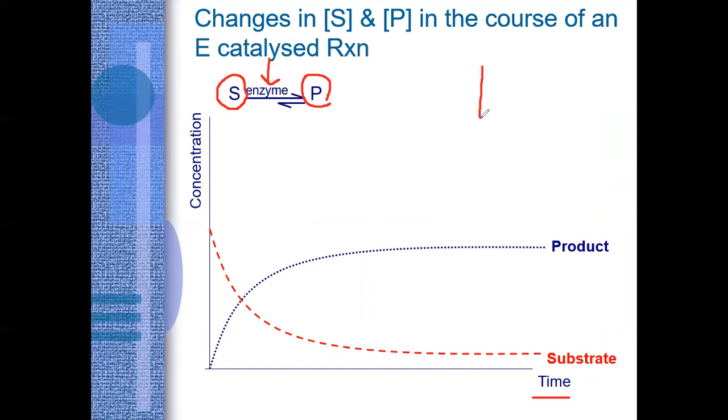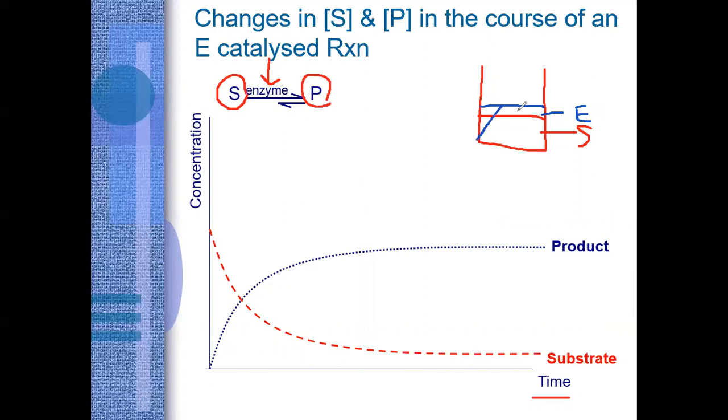First, in your beaker, you have got your substrate. Then after that, you add your enzyme into the beaker. So you add a certain volume of enzyme into the beaker. And then you mix them.